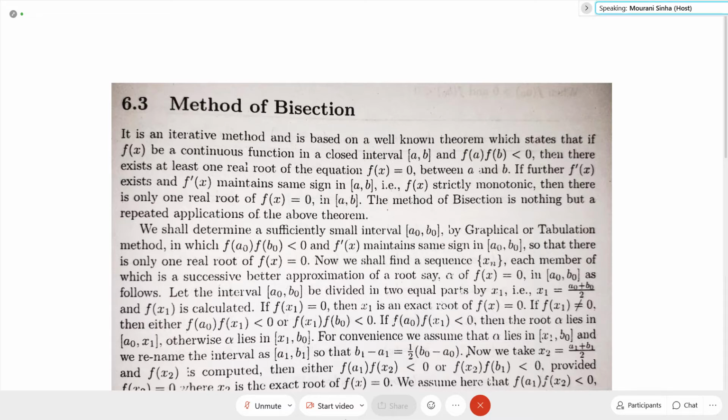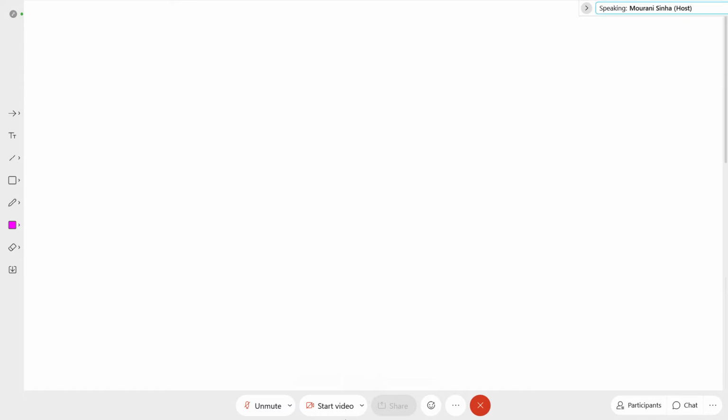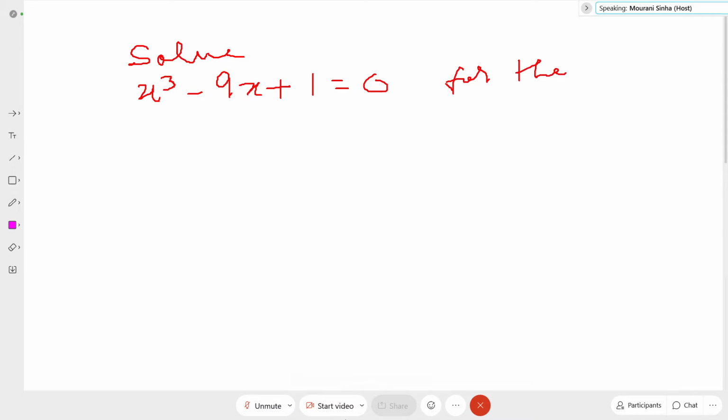Okay, so let us move on to an example now. Suppose you have to solve the equation x cube minus 9x plus 1 equals 0. You have to solve this equation for the root lying between 2 and 3.